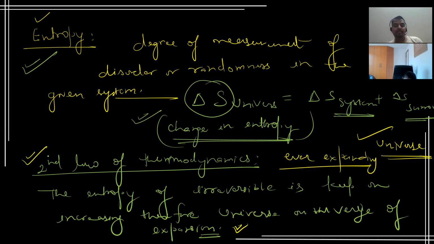So the second law of thermodynamics says the entropy of an irreversible process keeps on increasing. Therefore, universe means natural processes, and all natural processes are irreversible in nature. Like a flood, there will be a deluge, the flood and the lightning, thunderbolts, right?